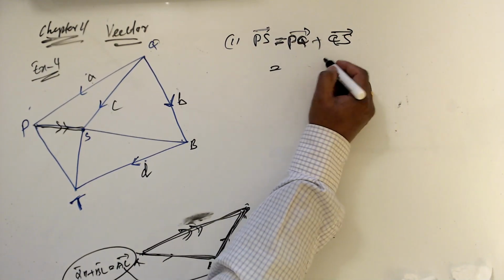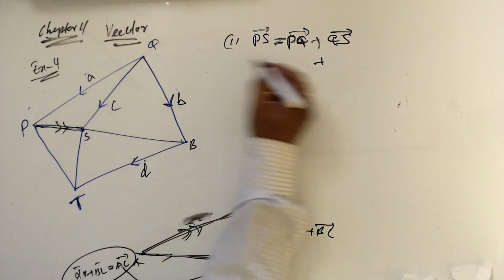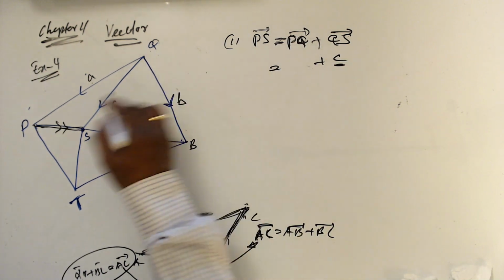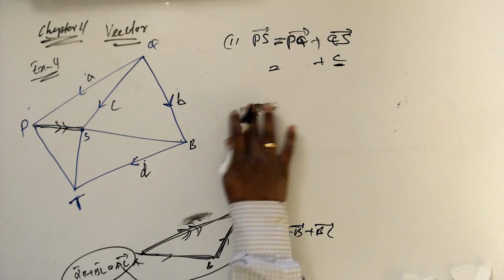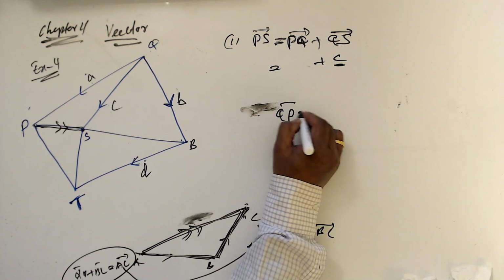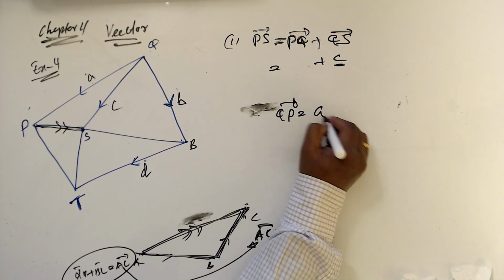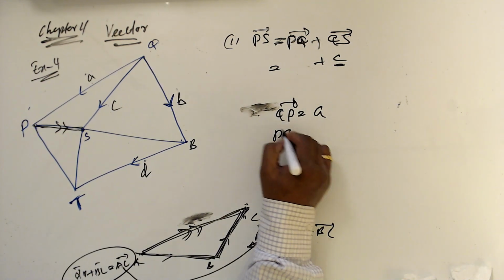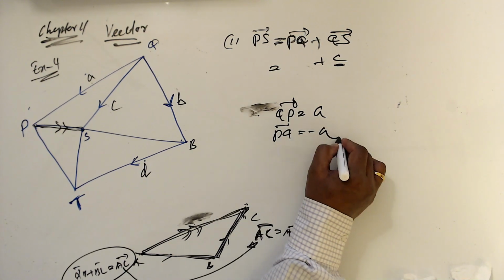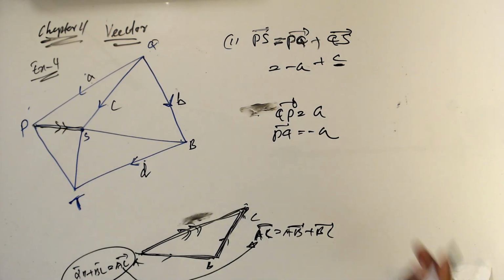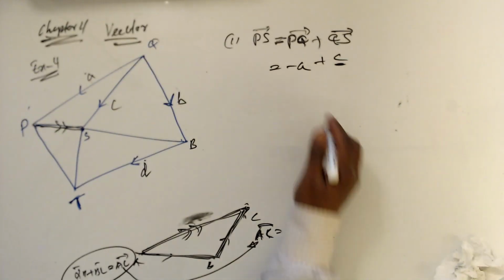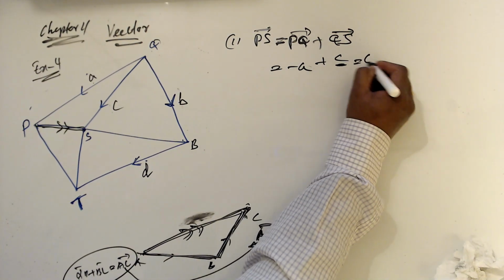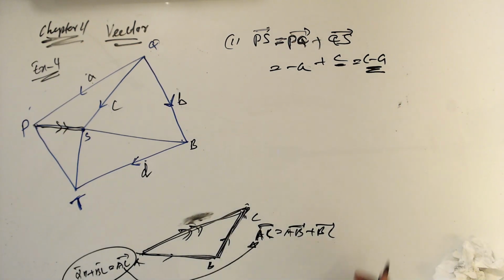Now QS I know it is C. Sorry, I know QP is A. What does PQ mean? PQ means minus A. So the answer is minus A plus C, or you can write C minus A.